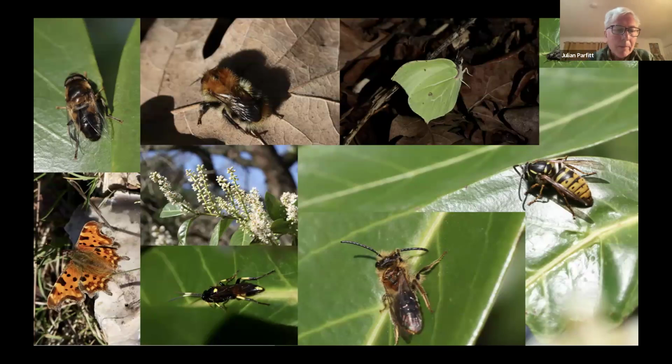Some of them are creatures which are much more easily captured, although quite fast moving. A brimstone butterfly moves pretty fast, particularly on a sunny day. So these are the images that I uploaded into iNaturalist just to see what iNaturalist would do.